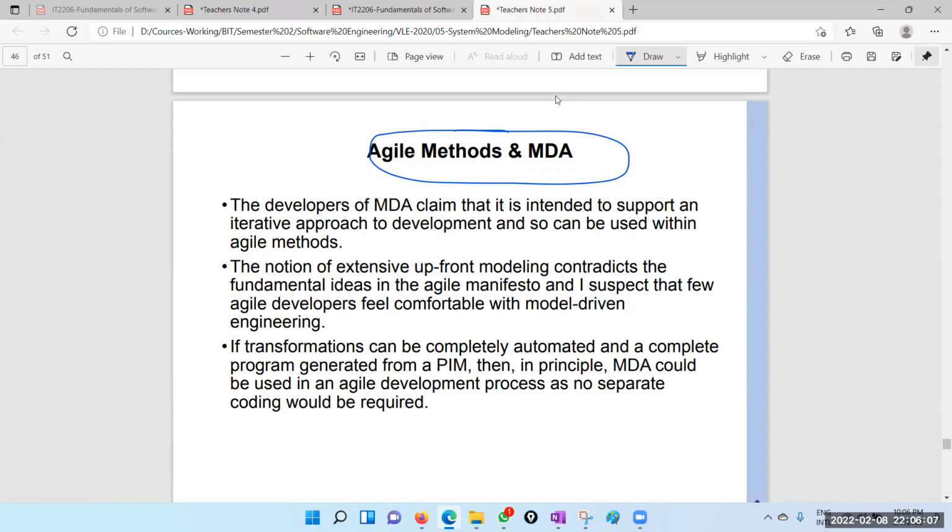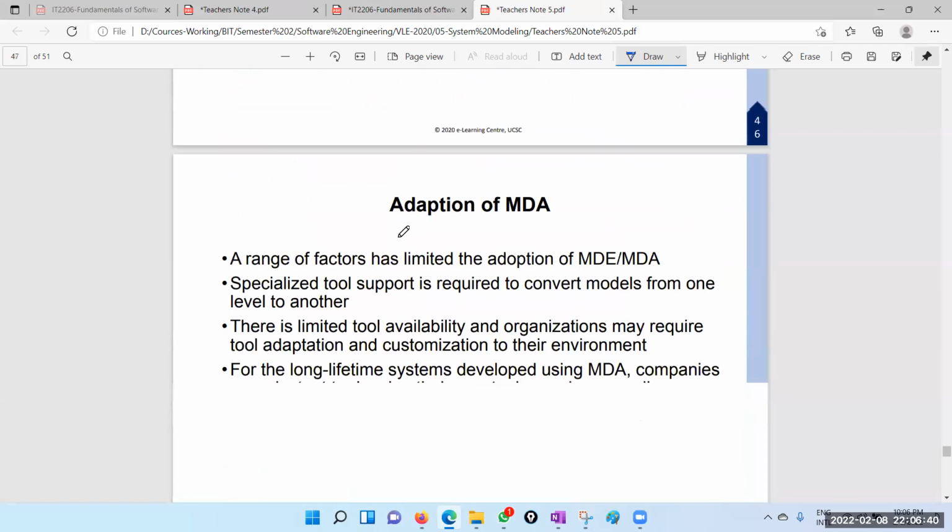We just take priority use cases and gradually we develop. So in a way, model driven architecture is not practical in agile development as well, because in model driven architecture, we have to do overall modeling. But in agile development, we do a bit of overall architecture, but we are driven by high priority use cases, user stories. Okay. So therefore, it has both challenges and pros and cons. Okay.